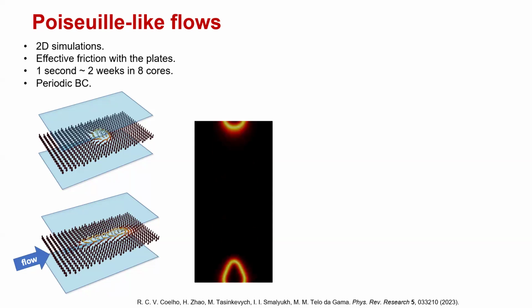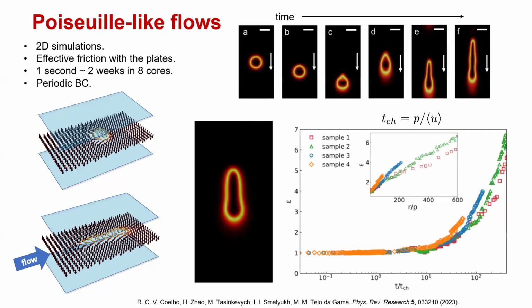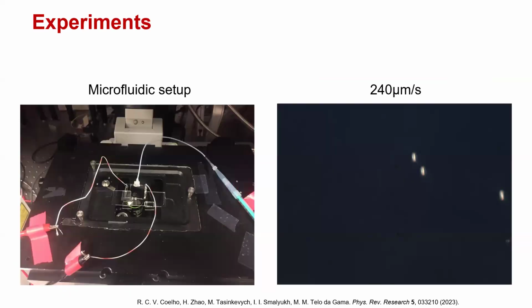From our simulation, it predicts that the skyrmion, here we have the contour of the skyrmion, keeps elongating as it flows, and it elongates indefinitely, until it reaches the limits of the system. We have here some snapshots. It becomes very elongated. We have the aspect ratio against the position, and we see that they follow more or less a linear relation. And we convinced the experimentalists to try this.